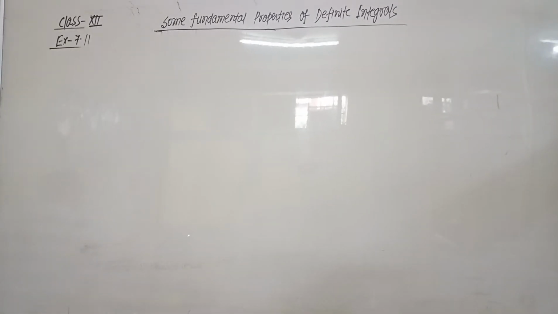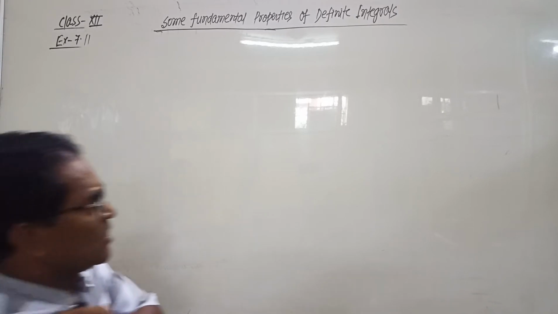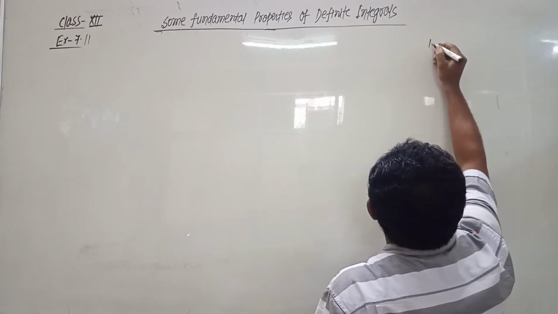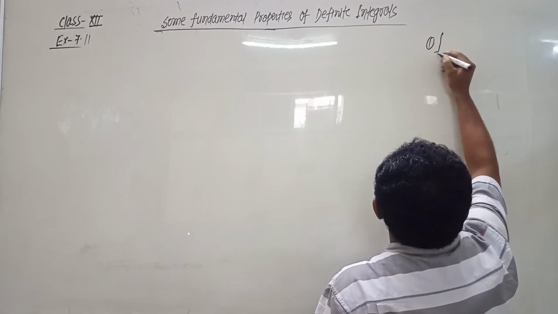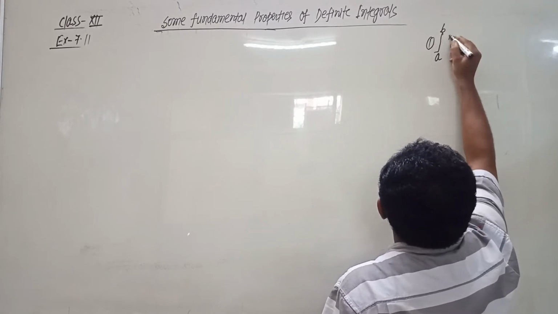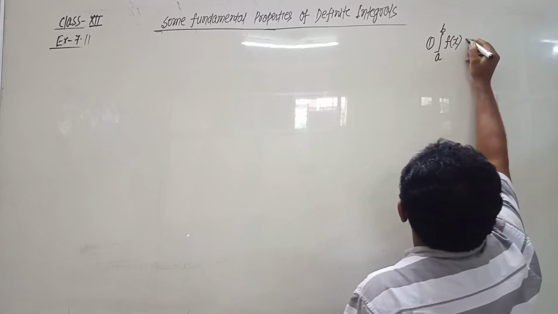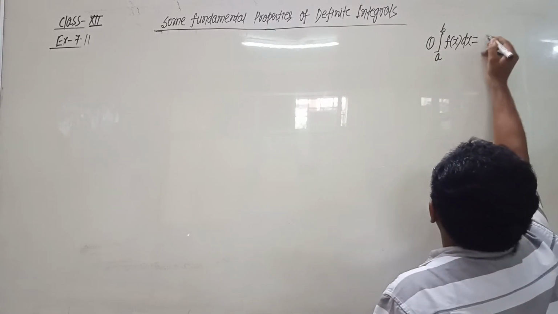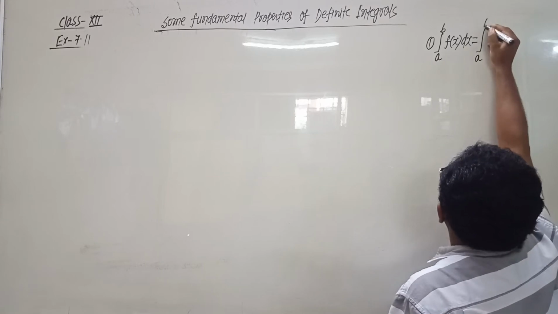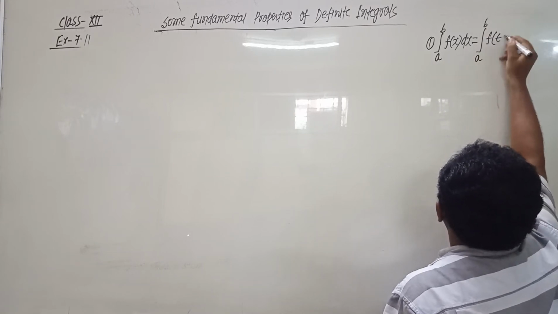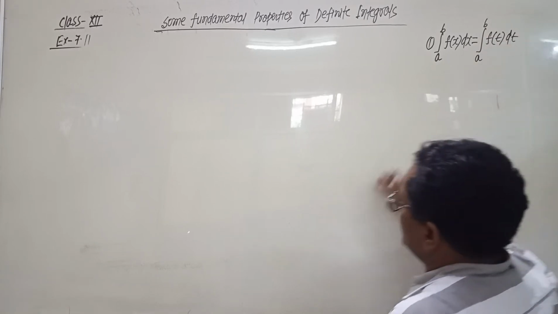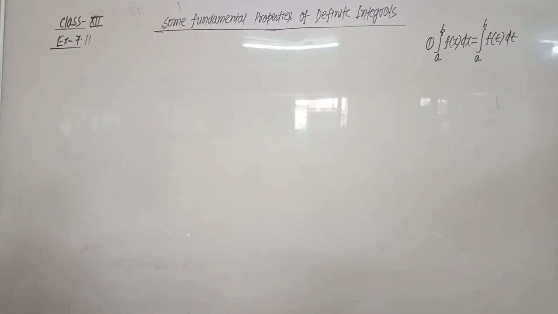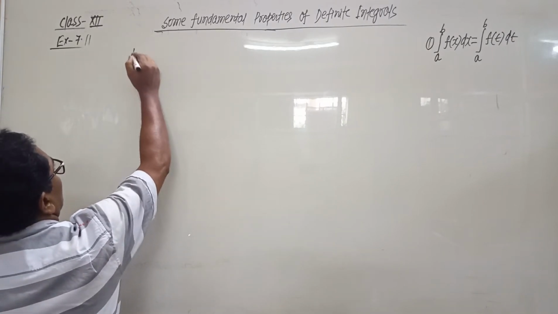So the first property which we get: integration a to b f(x) dx equals integration a to b f(t) dt. Now let us see the next property, integration a to a f(x) dx equals 0.